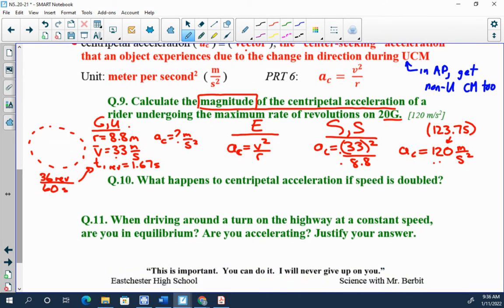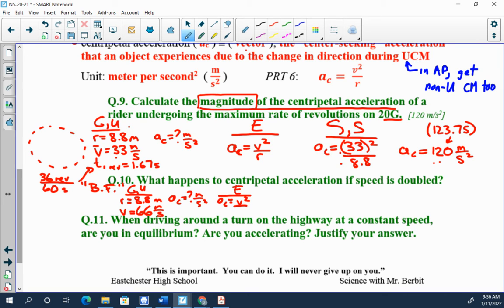Finally, last question for you to worry about. What happens to the centripetal acceleration if speed is doubled? Now, of course, we got the brute force method. The brute force method, R is still 8.8. The V now is 66. The time we didn't need, AC is the question. And of course, you can run your numbers here.